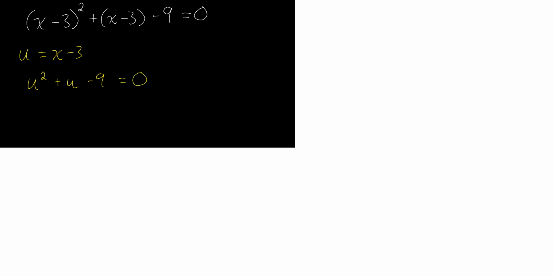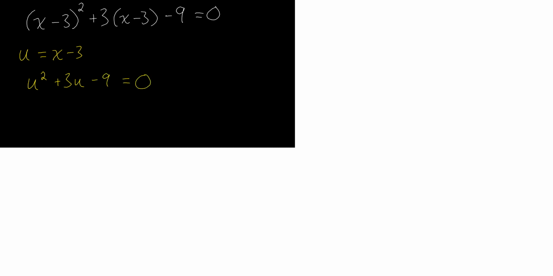Let's put a 3 here, a 3 there, and fix this up. All I'm doing is making it a little more complicated. So 3u minus 9 is equal to 0.